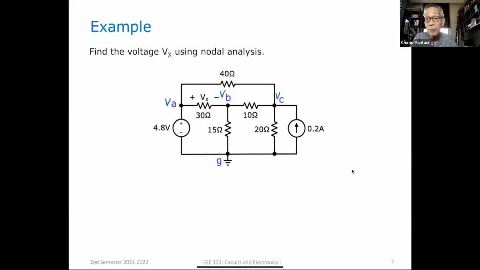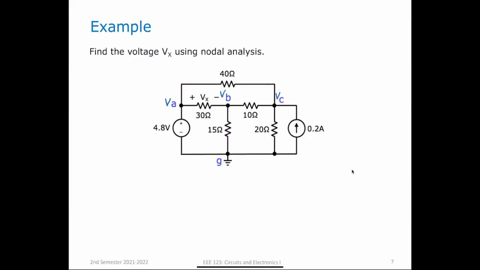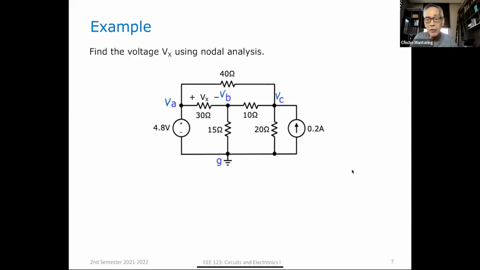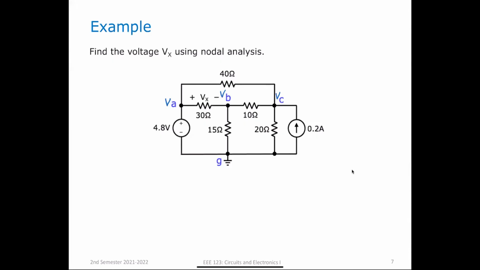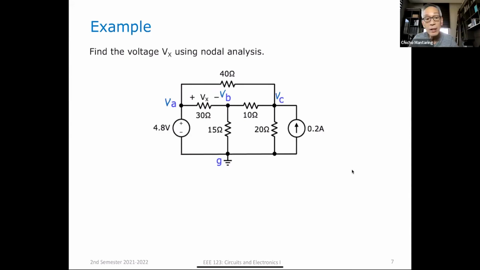Who's this, Ryan? Yes po. No, what about VA and VB? Sorry, again. By inspection, is it possible that you can get VX through VA minus VB over 30 po? Kasi you can determine the current. That's your expression for the current, no?